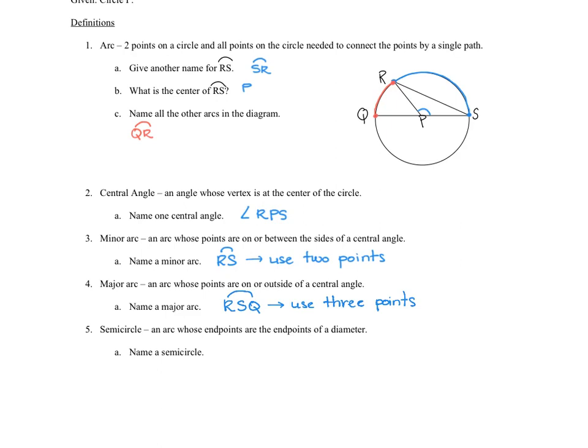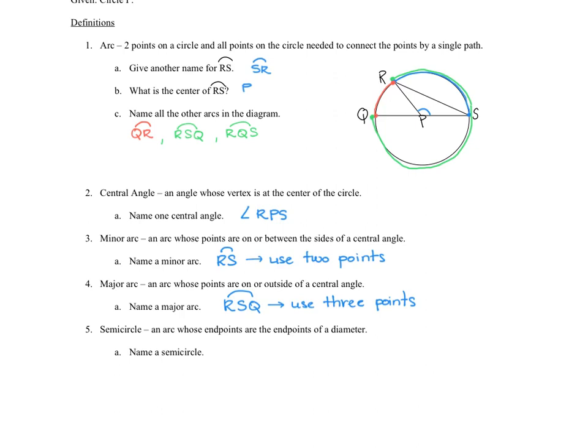So on our diagram, a major arc would start at R, go through S, and come all the way around to point Q. Think of major arcs as being arcs that are more than half the circle. So if we want to finish labeling up here, our major arcs would be RSQ and RQS.